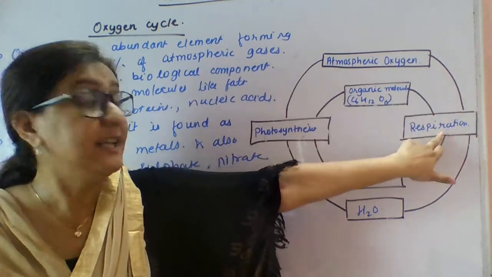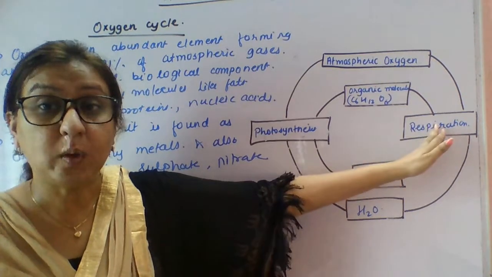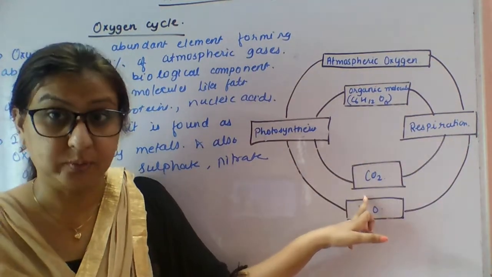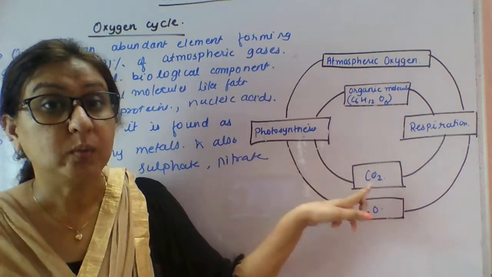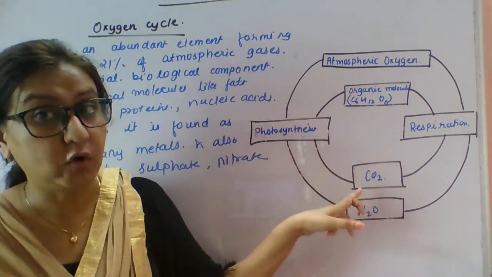Now see this cycle, this is the atmospheric oxygen. We are inhaling that oxygen through the process of respiration, and after that we exhale CO2. Now this CO2 is being utilized by plants during the process of photosynthesis.